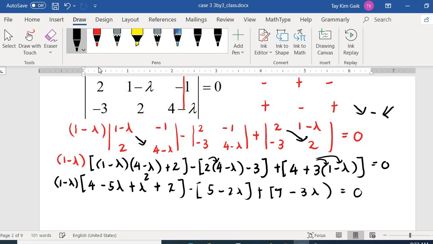Okay, I still need to expand this one. 1 minus lambda, so 4 plus 2, this one we got lambda squared minus 5 lambda plus 6, and minus 8 on this one. We collect these two together: minus 5 plus 7, so I got plus 2, and 2 lambda minus 3 lambda, so minus lambda, equal to 0.